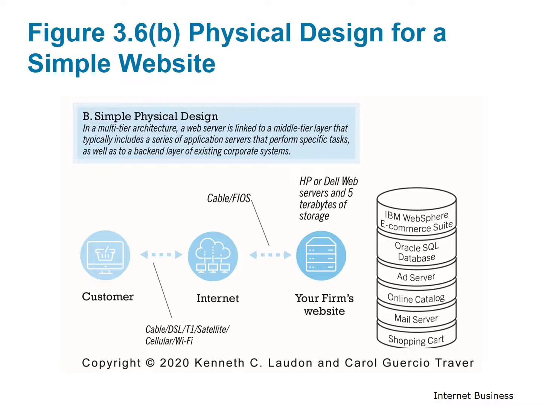Your firm's website connects to the internet through cable or wires, and the hardware needed is an HP or Dell web server and 5 terabytes of storage. Software needed are the Oracle SQL database, IBM WebSphere e-commerce suite, ad server, online catalog, mail server, and shopping cart.